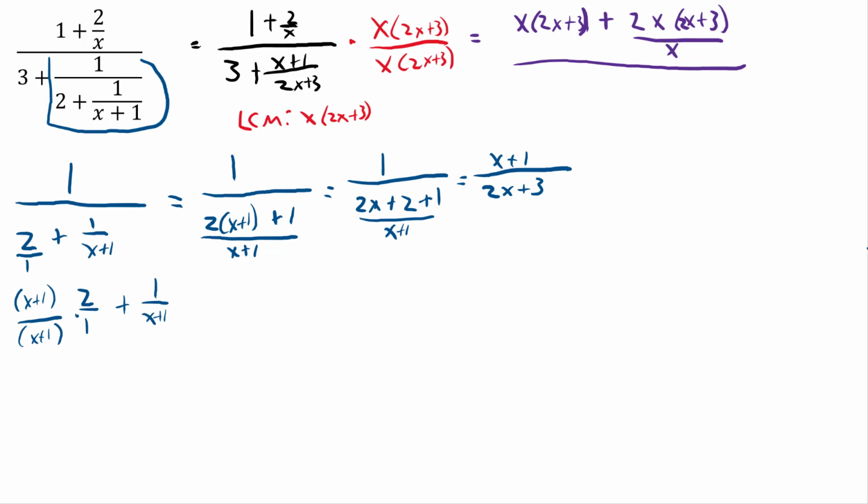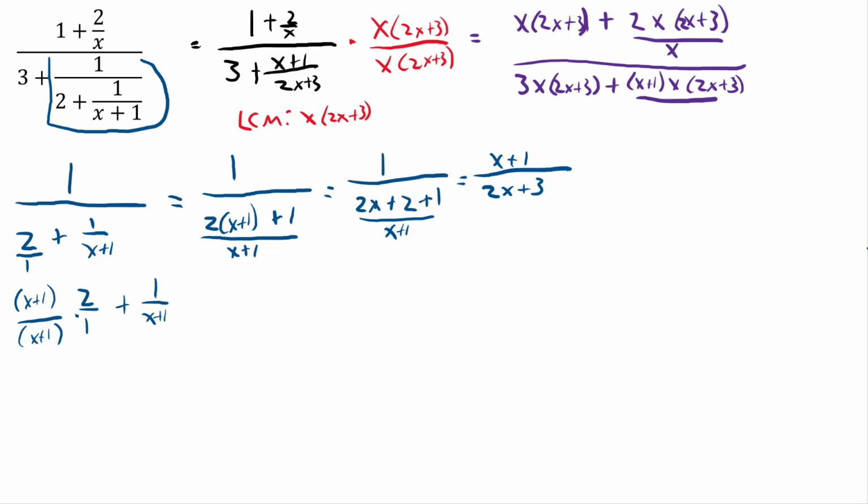On the denominator, 3 times x times 2x plus 3, and then plus, in this case, we've got x plus 1 times x times 2x plus 3.